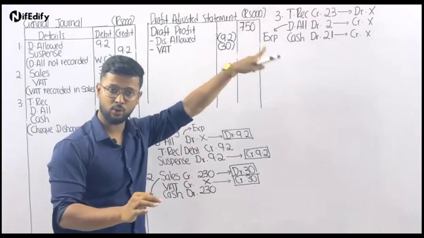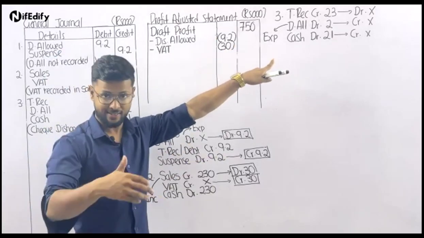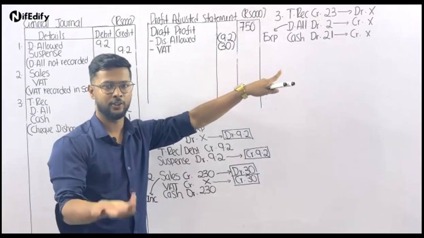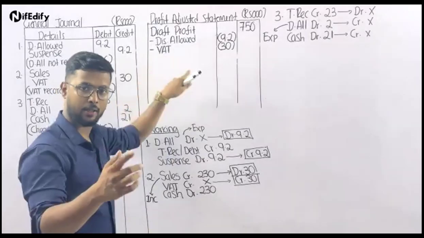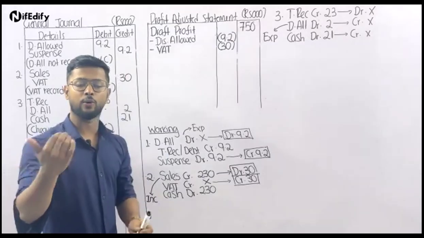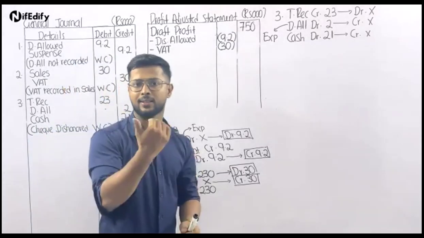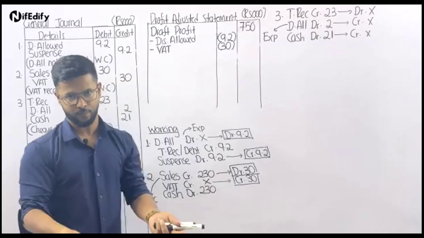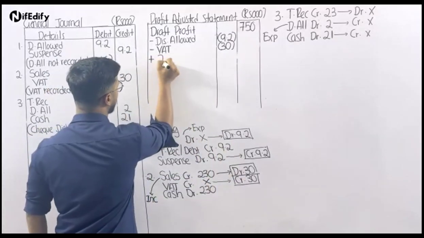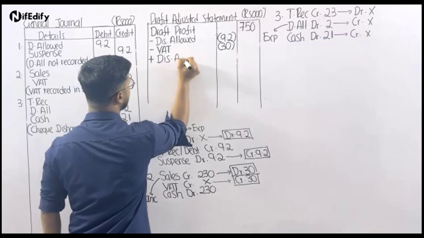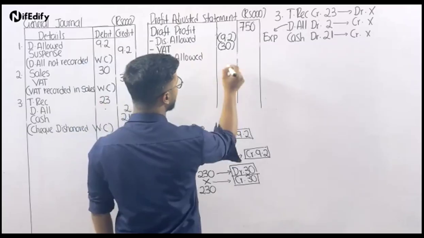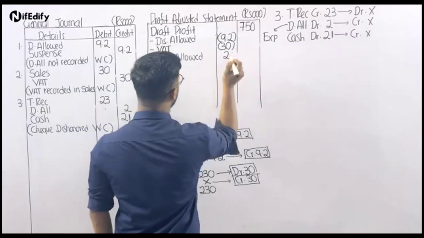You have recorded 2000 as discount allowed, so it's obviously an expense, but now the expense should be reversed. When you record discount allowed as an expense, your profit came down. To make it up, you need to add it back. You need to add discount allowed. Okay, that's 2.